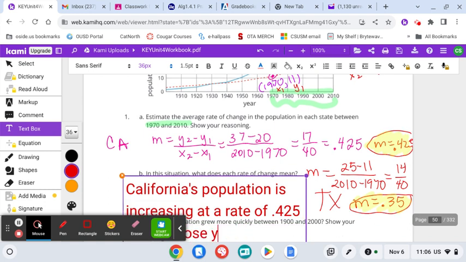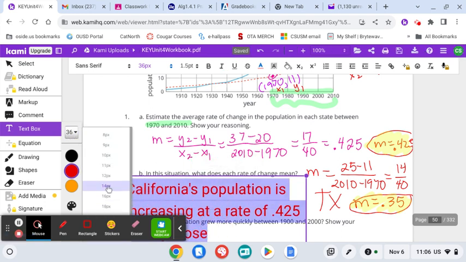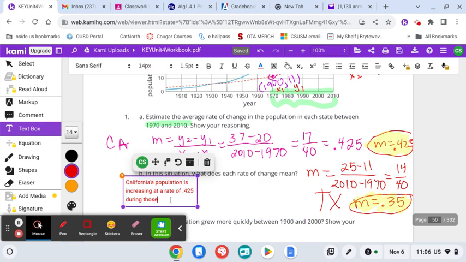Let's say which years. Okay, and it means that Texas population is increasing at a rate of 0.35 during 1970 to 2010.